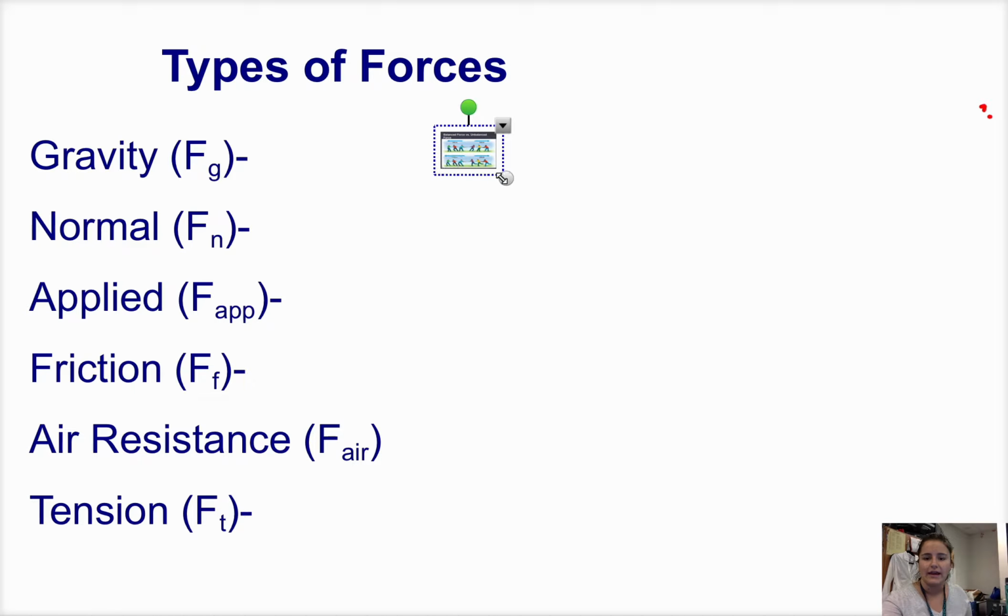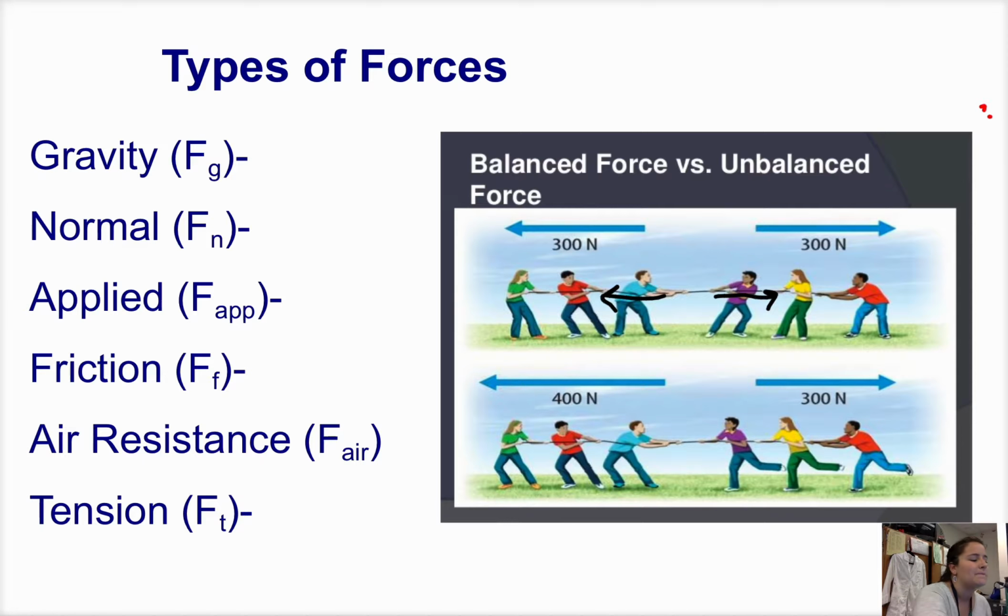If some kids are playing tug-of-war, and this group is applying a force of 300 newtons to the right, and this group is applying a force of 300 newtons to the left, the forces are balanced. The amount of unbalanced force, or leftover force, we call the net force. And the net force is what causes acceleration.